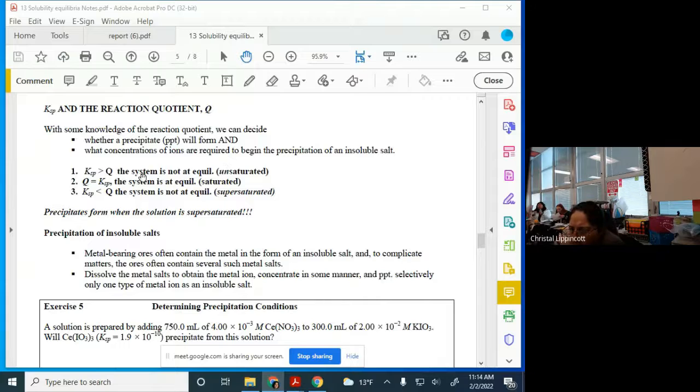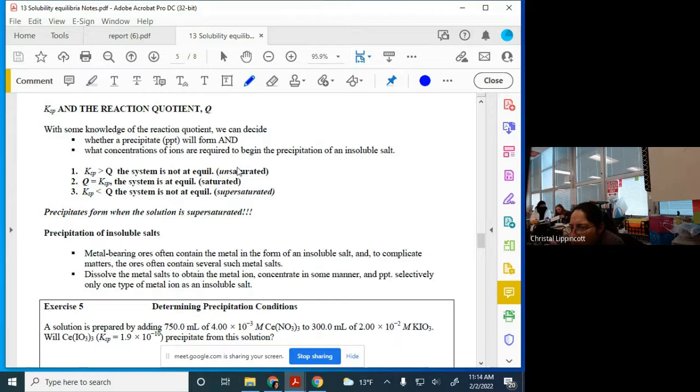Off, we were talking about K and Q. We talked a little bit about common ion effect, and we're going to talk a little bit more about that today. So if your K is greater than Q when you do your calculations, then that means it's unsaturated.